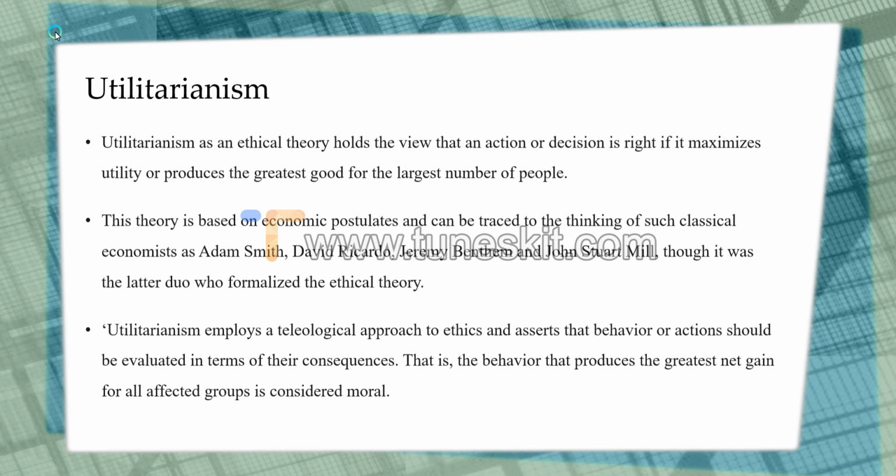These are the utilitarian aspects. Utilitarianism as an ethical theory holds the view that an action or decision is right if it maximizes utility or produces the greatest good for the largest number of people.